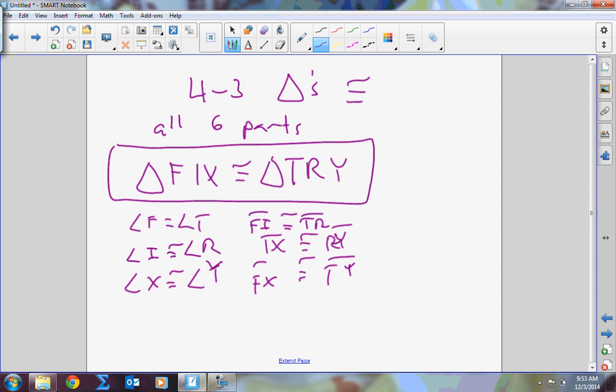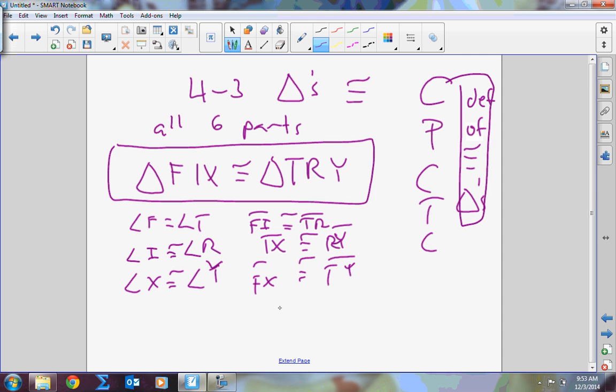So tomorrow's part from 4-3 won't be all that big, except that's what we really learned about this. The congruent parts of congruent triangles are congruent. If you want to continue to use def of congruent triangles instead of CPCTC, that works for me. And of course, I always like to write it out like this: corresponding parts of congruent triangles are congruent.